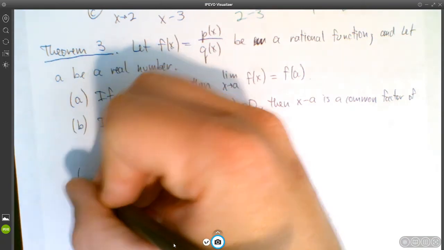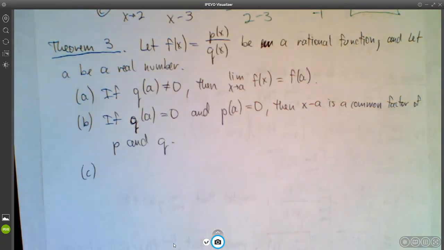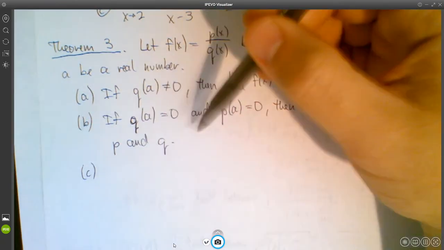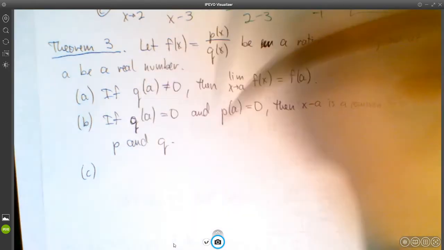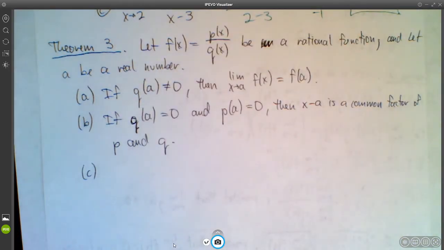If this is the case, then the limit is whatever you get when you plug in a after you cancel off the common factor.